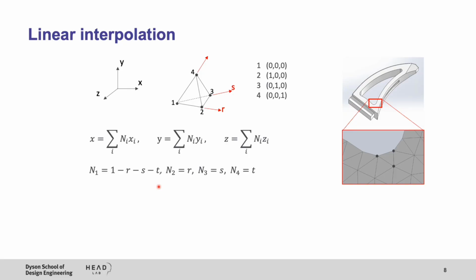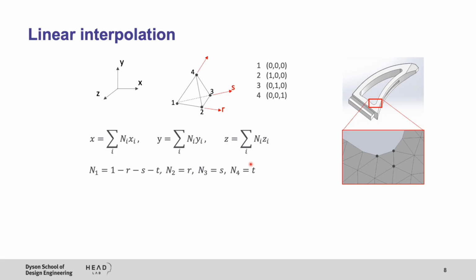Now I have a question. If we know the translation components in X, Y, and Z direction, which are U, V, and W, at each node of the element, how can we interpolate them inside or within the element?